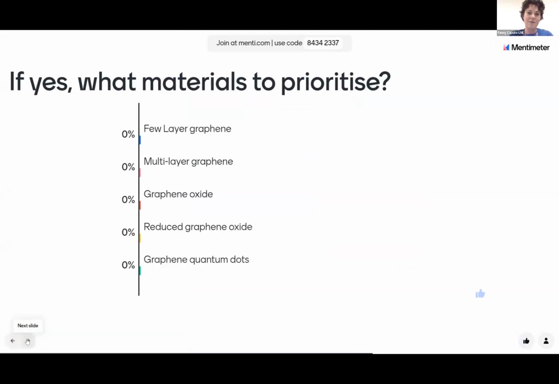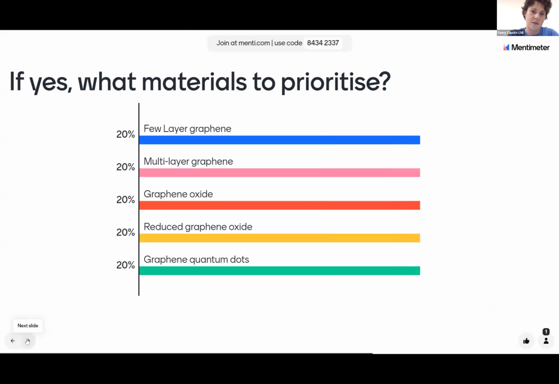Okay. Here there is a different way of answering. So you have 100 points in total that you have to divide between the different options. So here you have 5 options. So if you think that they are equally important, it will be 20 points for each of them. If there is one that is very important for you and the others are not, then you will give that one 100 points.